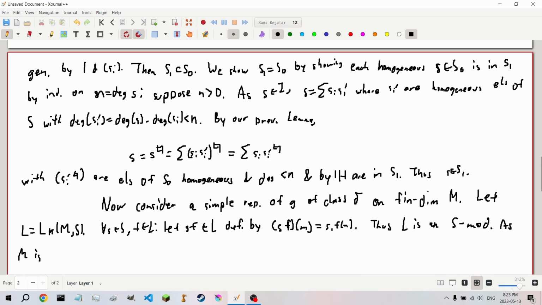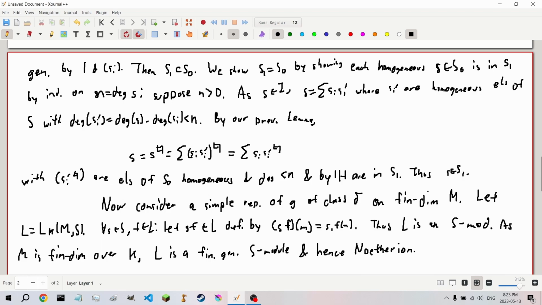As M is finite dimensional over K, we have that L is a finitely generated S module, and hence is Noetherian, keeping in mind that S itself is definitionally Noetherian.